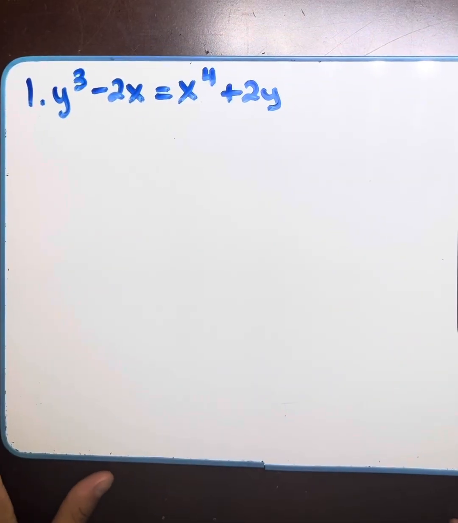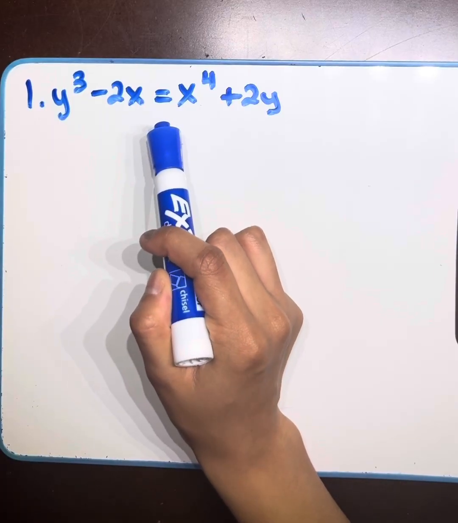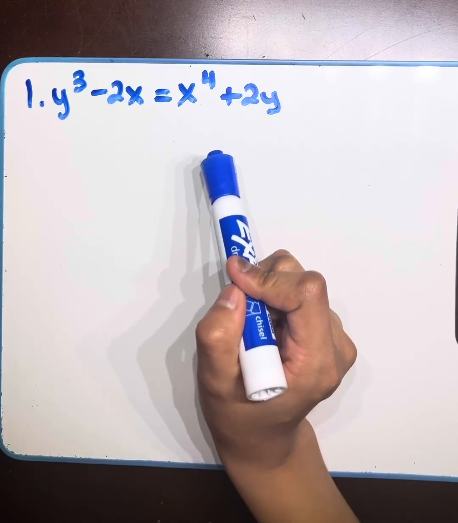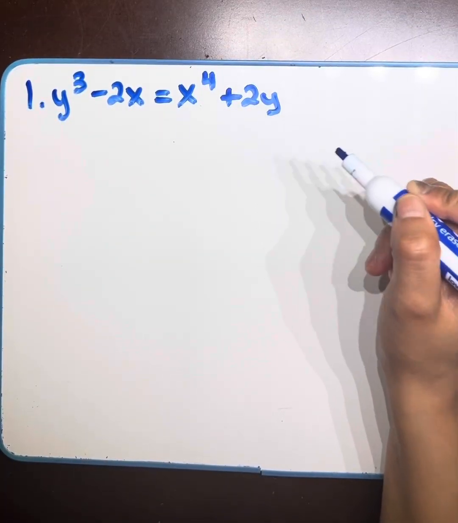For this problem, we have an implicit equation of y cubed minus 2x equal to x to the 4th power plus 2y. How are we going to find dy over dx for this implicit equation?